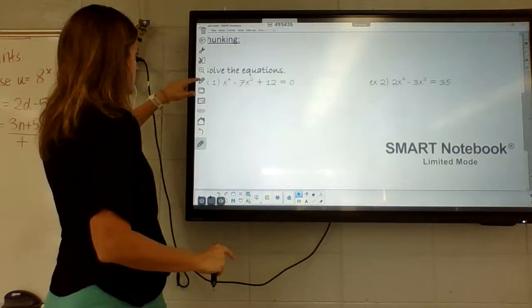And this is a good one to talk about because we're going to talk about what happens in this half of the answer. So I'm going to move this 7 over. I'm going to divide it by 2.